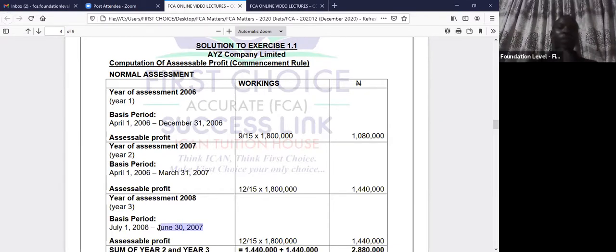You want to achieve this preceding year basis. So it means that if this is 2008, the ending date must be 2007. That shows this is preceding year. It must also be on the account ending date. So we have 30th June 2007, and it's going to be 12 full months.